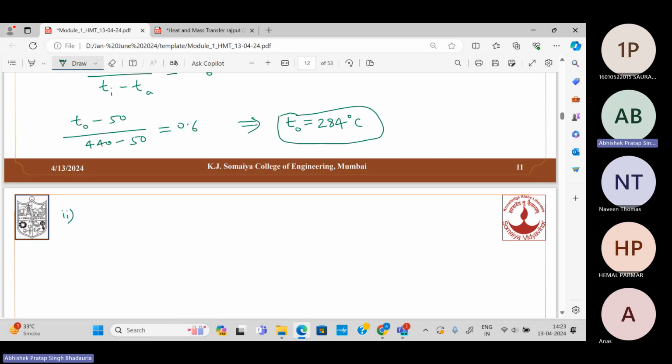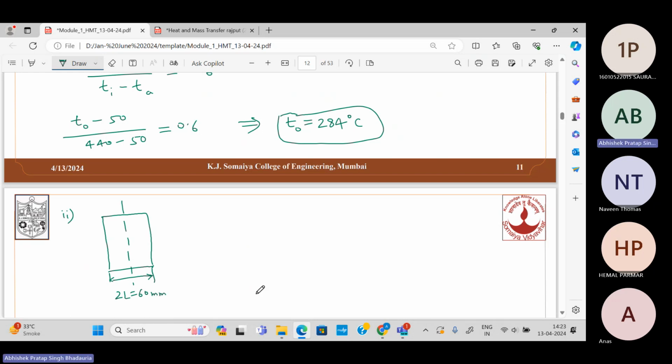First of all, we'll calculate x by L. This is the situation of a plate. Let's try to understand the situation. This plate has a thickness of 60 mm. That means 2L is 60 mm.